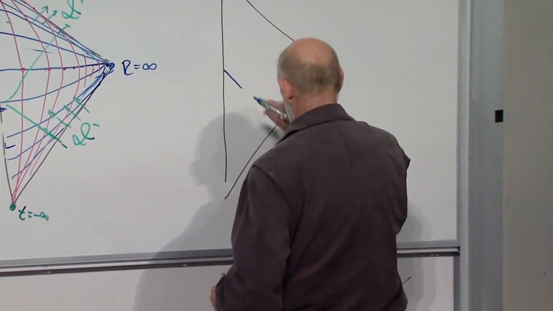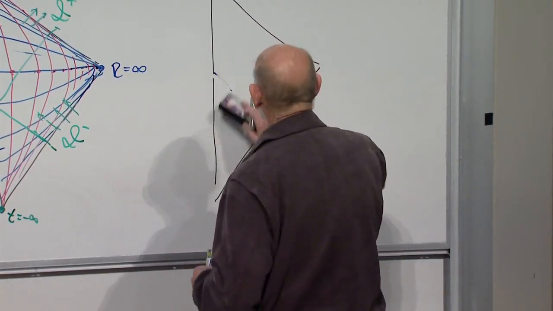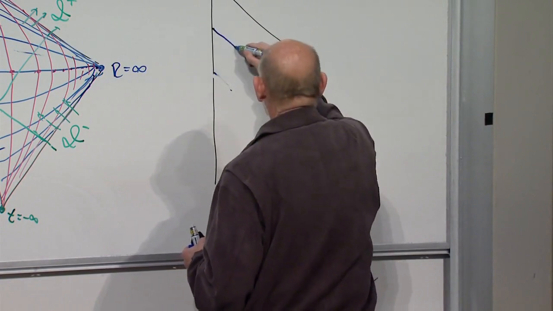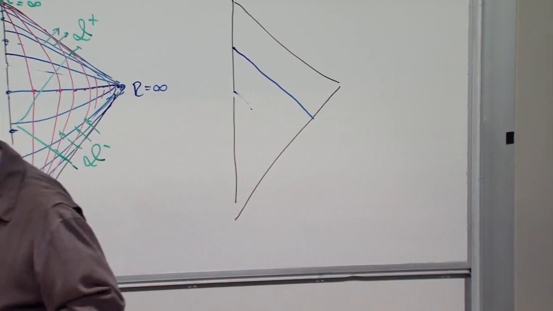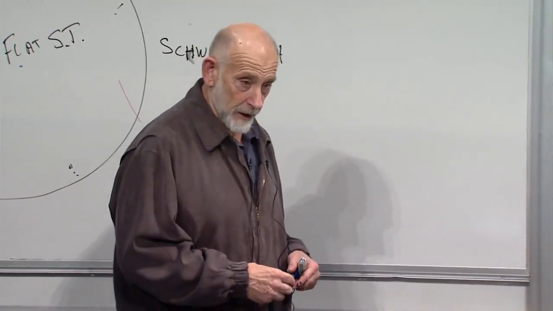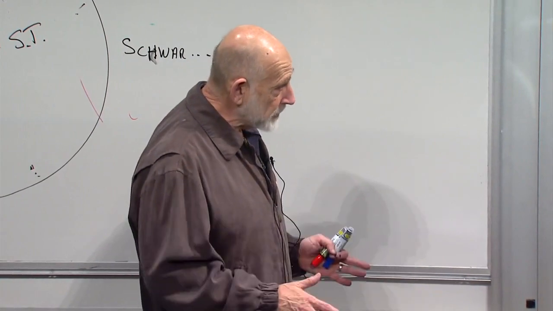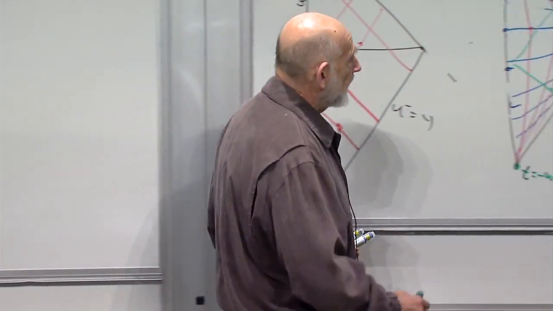Arranged around, let's put it a little bit later. Put it up here. There's the pulse of incoming radiation. It forms a shell. At any given instant, where is the interior and where is the exterior of the shell? That's easy.